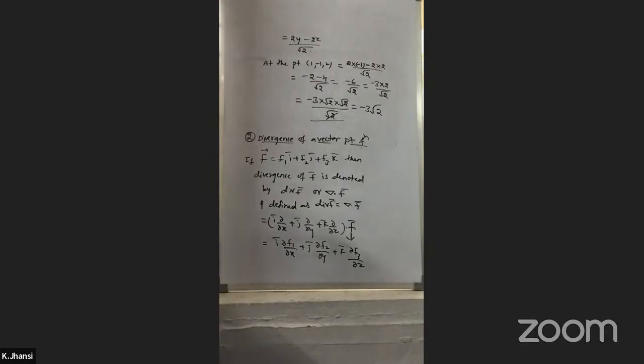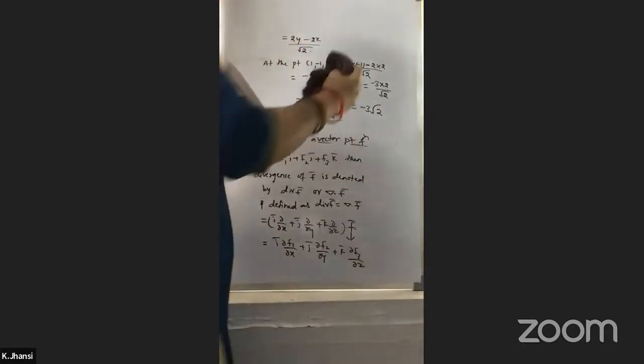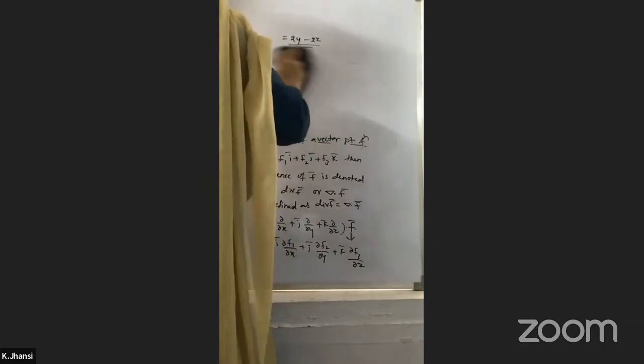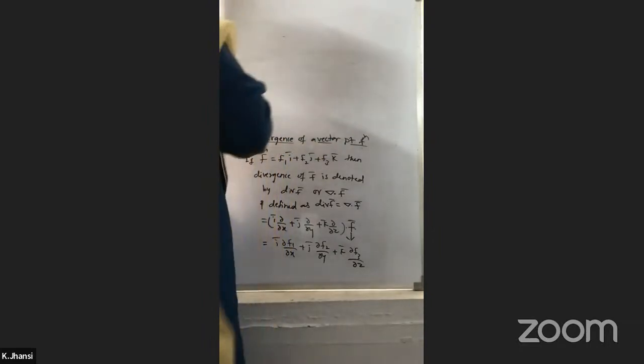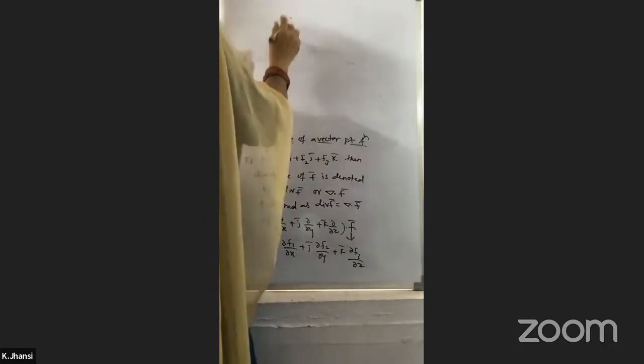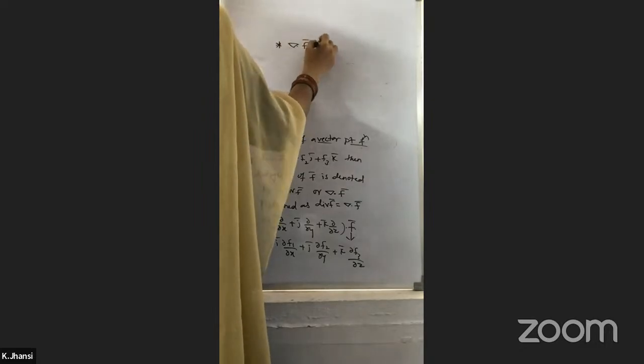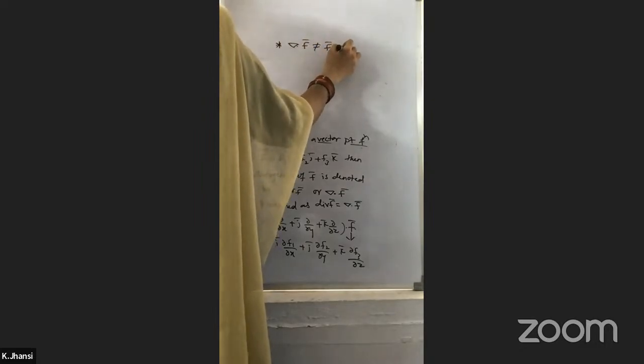And one important point is, if div f is equal to 0, then that vector f is said to be solenoidal. You will get this question as an objective type question. There are properties too, so see the properties in the textbook. One important property: note that del dot f is not equal to f dot del.